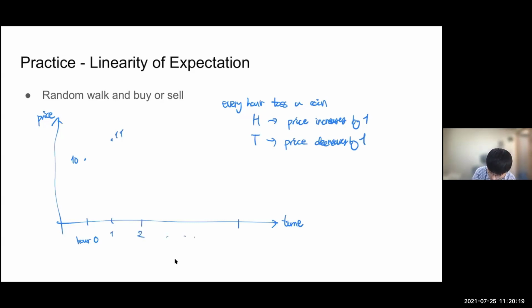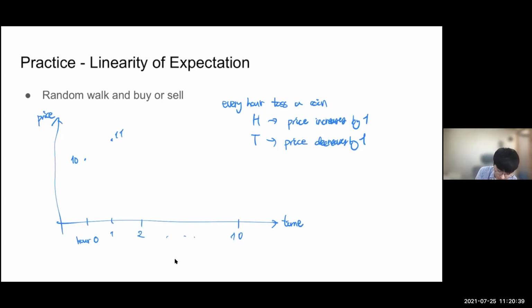Let's say that this stock exchange terminates at the 10th hour. Now, at each point in time, you could choose to buy or sell one stock.